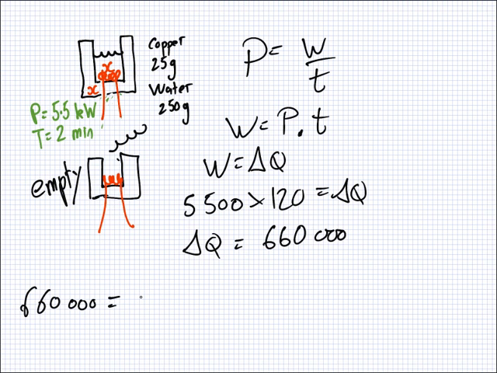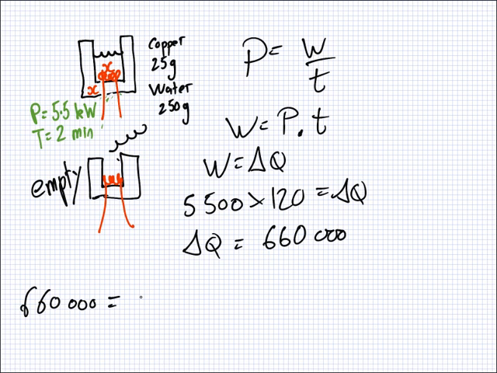Could it? Which way is the heat flowing? It's flowing from the water to the copper, not the copper to the water. So the water must always be hotter than the copper.